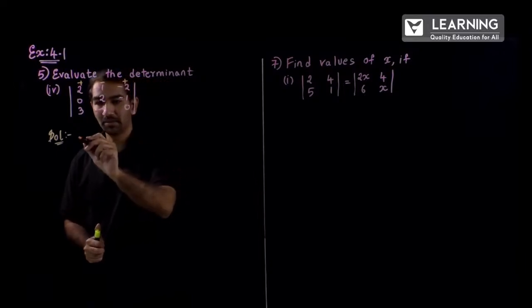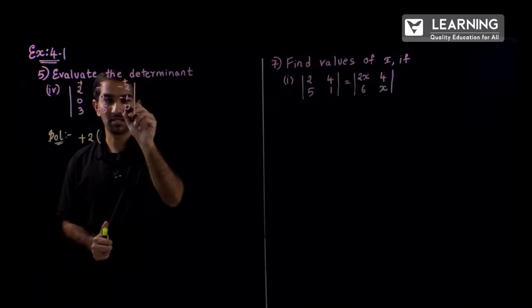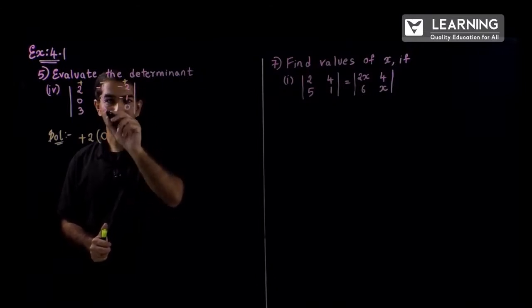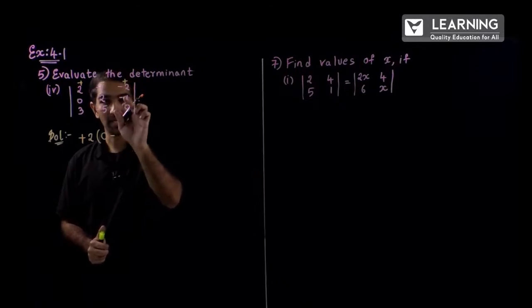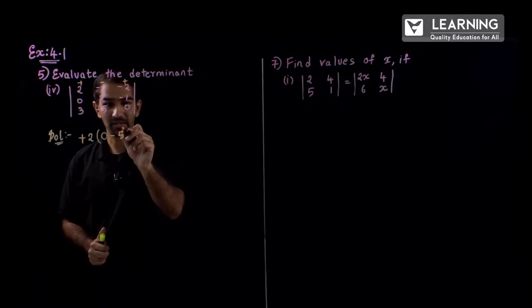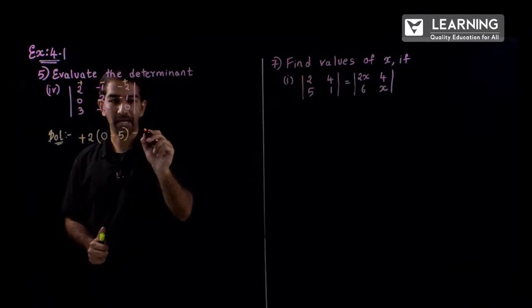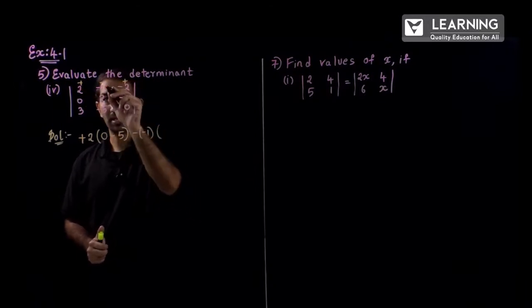With plus 2, plus 2's row and column are eliminated. So remaining is this. Multiply the principal diagonal first. This would be 0. Minus into minus will become plus. So minus, this is the default symbol. Minus into minus is plus. So 5 here. Okay, next. Minus cofactor of minus 1. Open the bracket again. So this row and this column are eliminated.